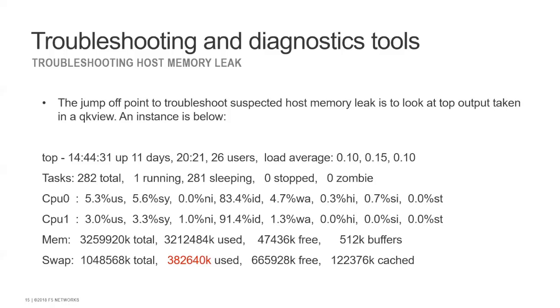This needs to be investigated. In iHealth, you can search for the top command and sort by resident memory or swap, which may provide clues on host processes taking memory. Then a QKView taken later on, which we will see on the following slide, shows the swap almost maxing out.